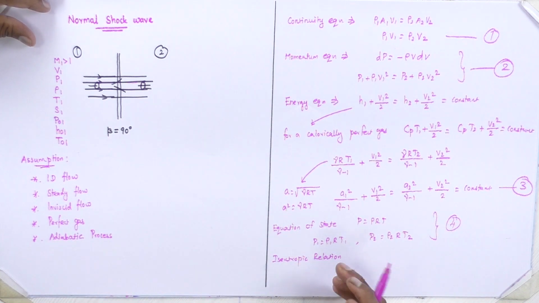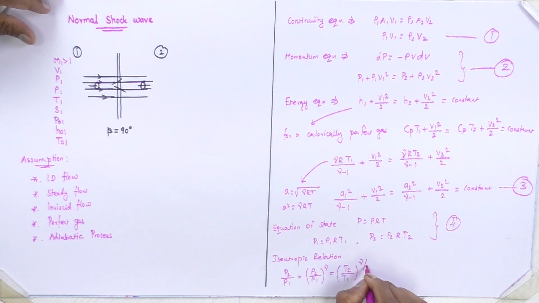So that is P2 by P1 is equal to rho 2 by rho 1 power gamma. This is equal to T2 by T1 power gamma by gamma minus 1.